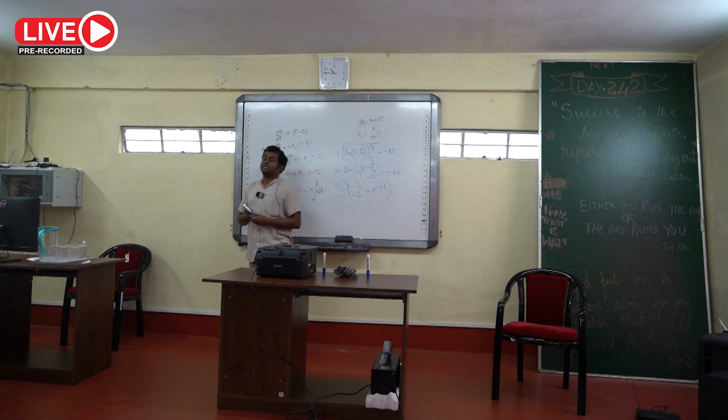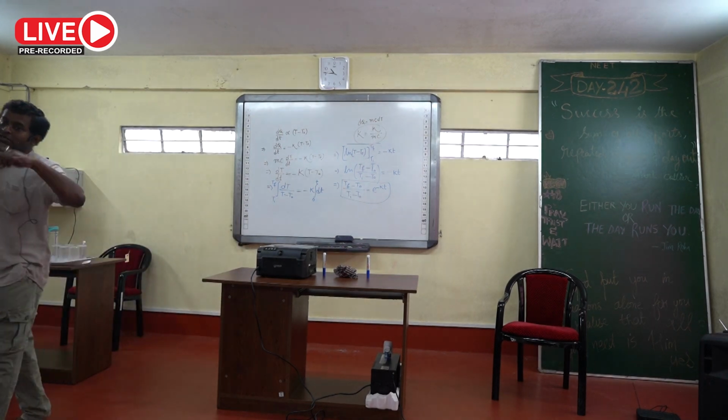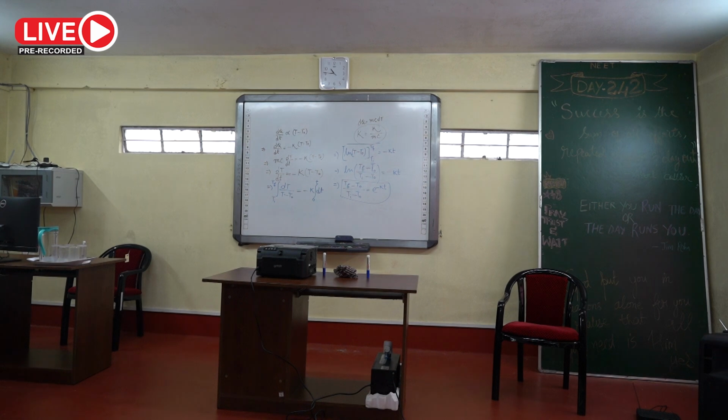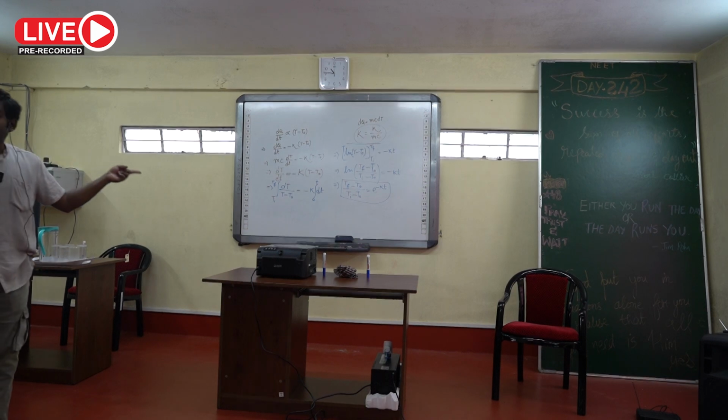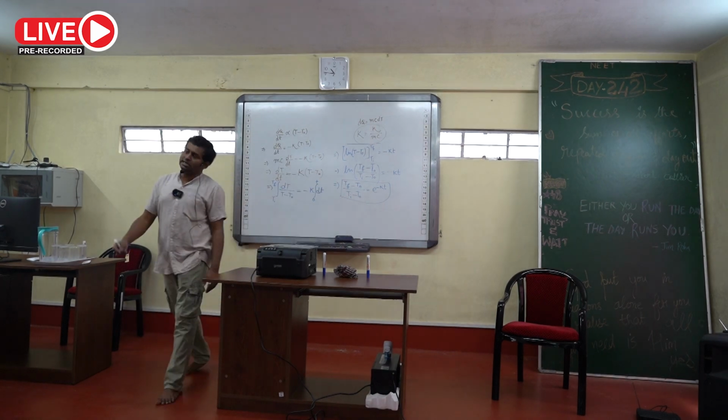There is one question in one of your mock papers, that after 10 seconds this will be the temperature, then in 10 minutes, then after the next 10 minutes, what will be the temperature of the body. If you start from this step, you can solve it very easily.